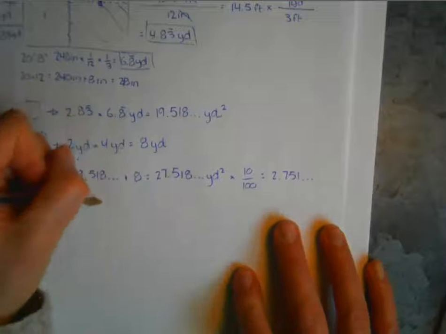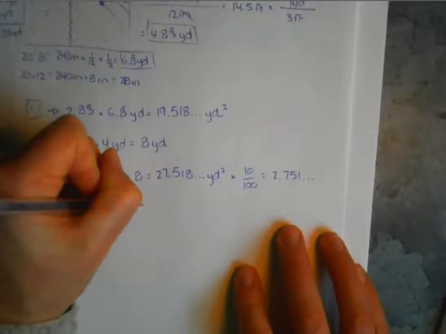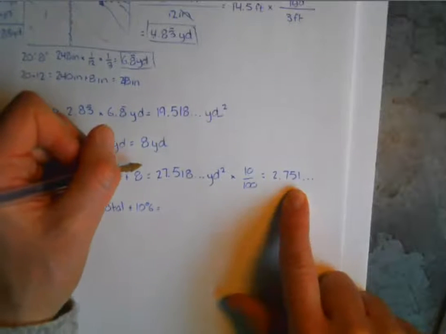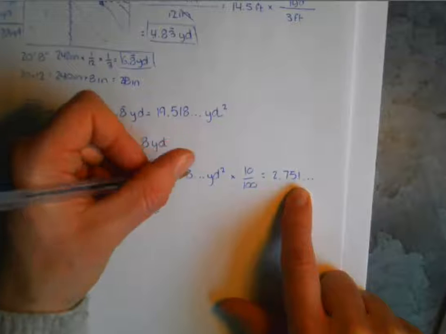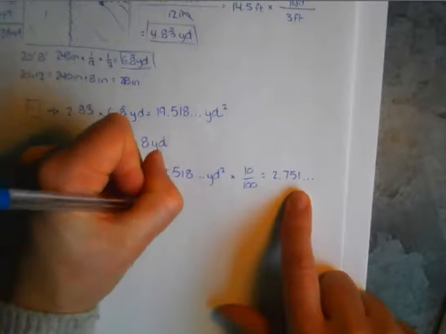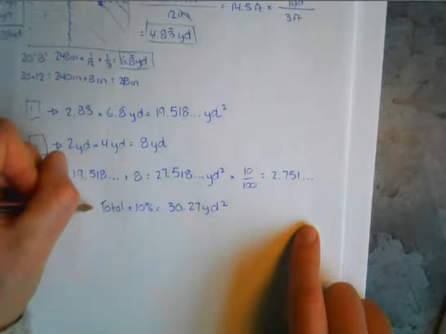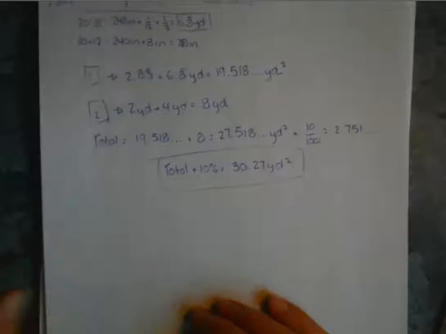And so then for the total plus 10%, we're going to have 27.518 plus 2.751, whatever that decimal was, gives us 30.27 yards squared as her total that she should buy, including the extra that she wanted.